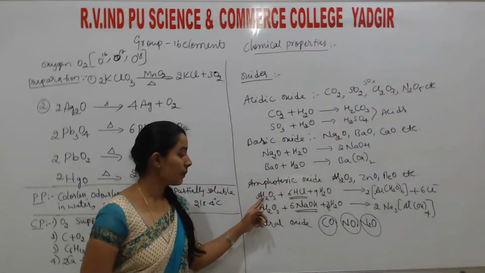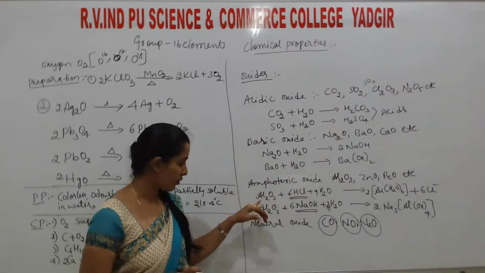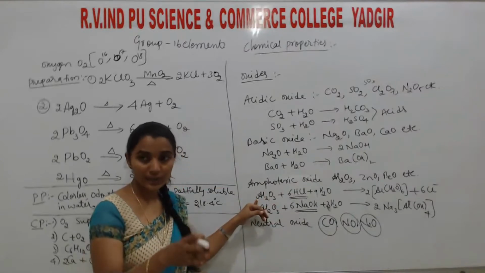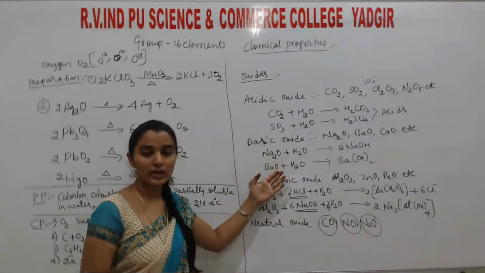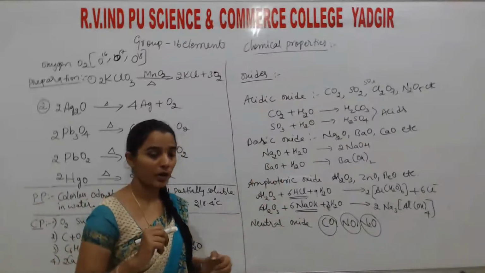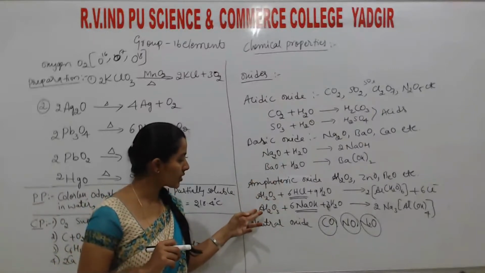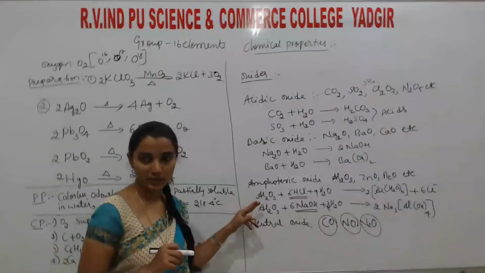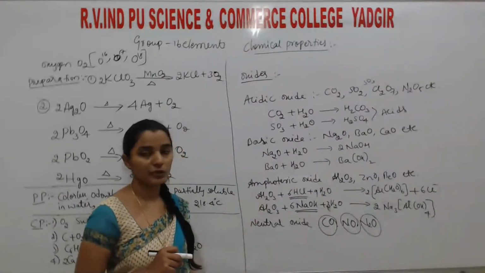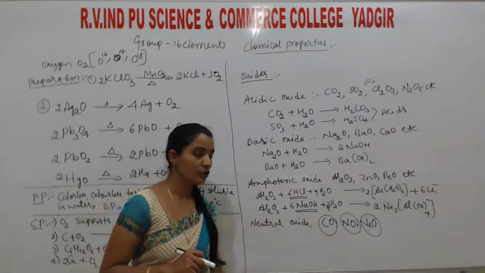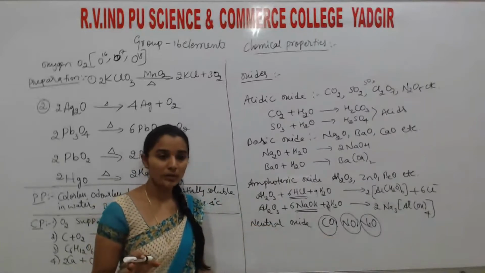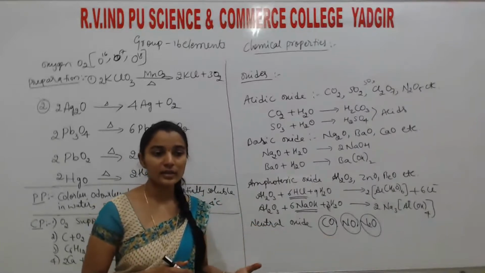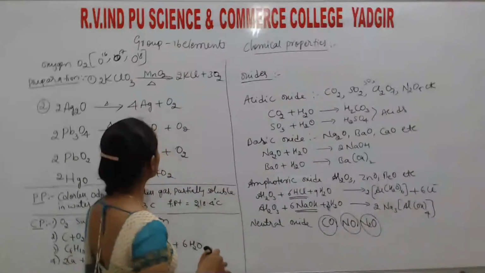Aluminium is a metal, but it is a p block element, in between, so it shows partial character, both acidic and basic. That's why it is amphoteric in nature, and these are neutral. Neutral means they won't react with any acid or base. So this is all about oxides.